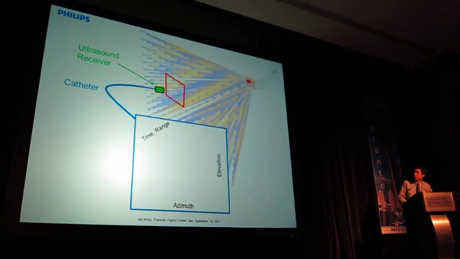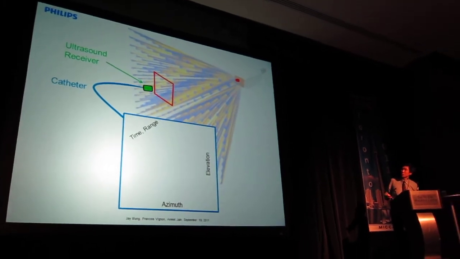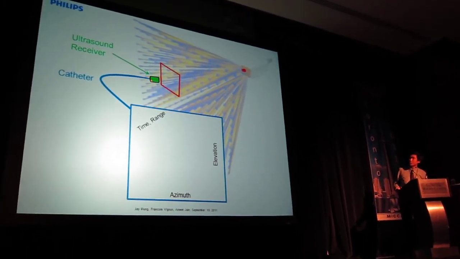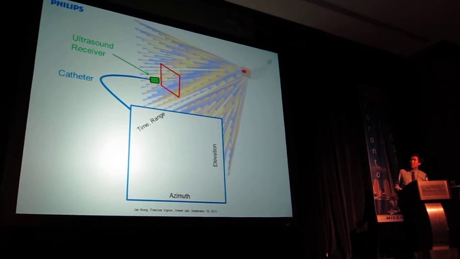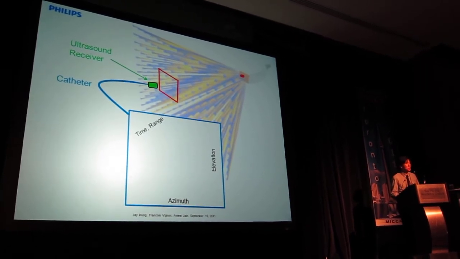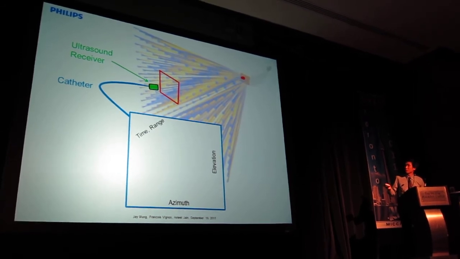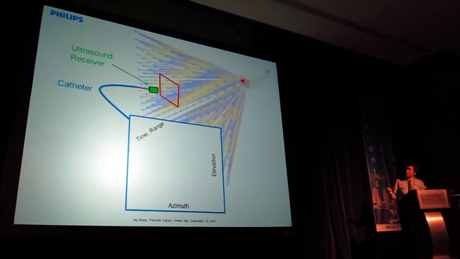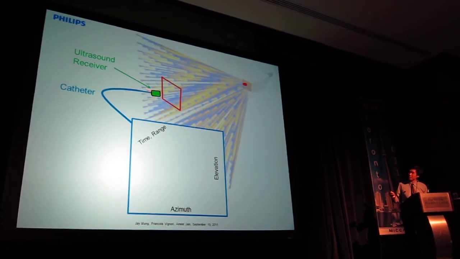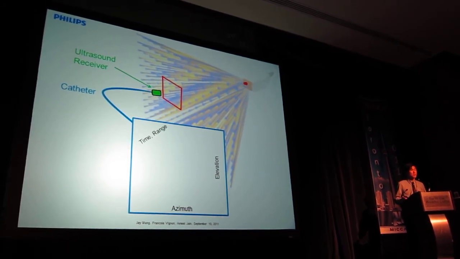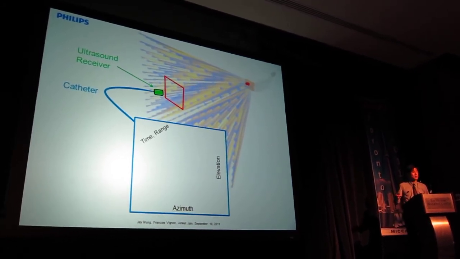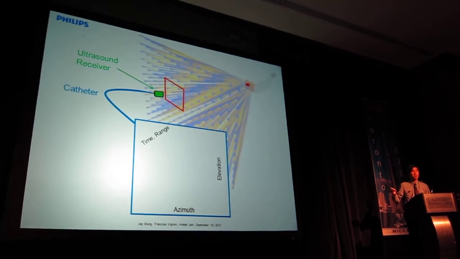What we do is we place a small ultrasound receiver on the tool tip, and because we know the precise timing of these acoustic beams, we use this receiver to measure the signals that arise when acoustic beams impinge upon the tool.